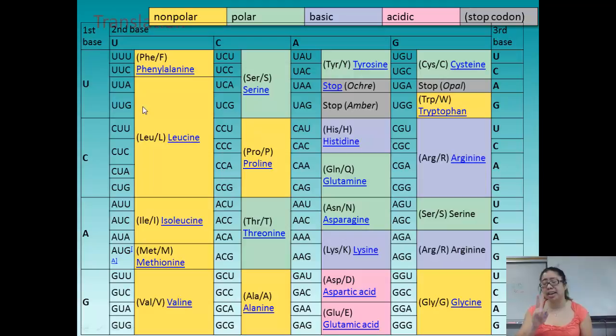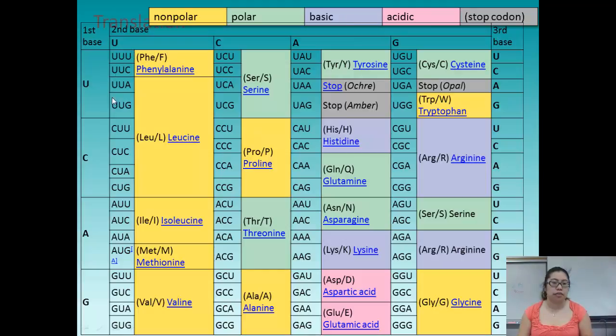The second thing that gives insurance is the properties of these amino acids. If you look on top of the chart, the colors indicate polar properties. Remember from chemistry, yellow is non-polar, which means it does not like water. Polar means it likes water. And then we have acidity, whether it's basic or acidic.